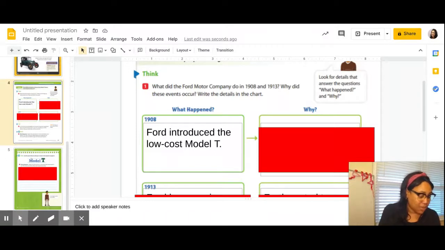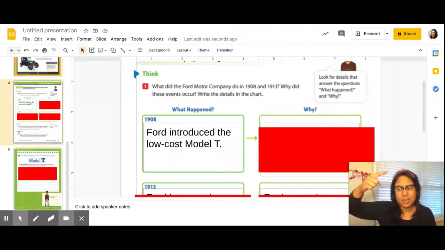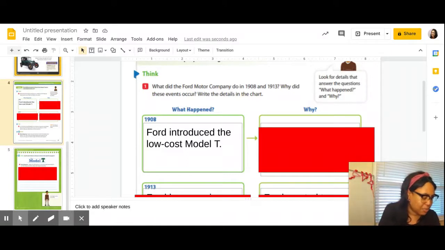So why? Well, in paragraph 1, it said, although the car was reasonably priced, Ford kept thinking of ways to make it even cheaper. Oh, let me back up because I feel like I'm going into something else. Let me back up and see if I can go find why he built that low-cost Model T car, because that sentence didn't give me much to go with. So let me go back up to the top of paragraph 1.